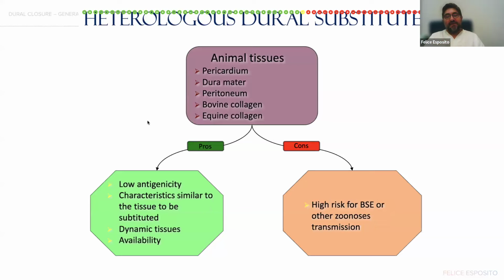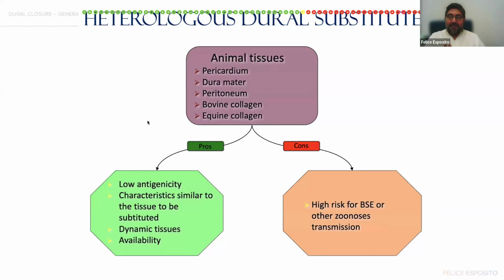We have different possibilities in using heterologous dural substitutes from animals: pericardium, the bovine pericardium, the bovine collagen-derived grafts, or equine collagen-derived grafts, and they have a low antigenicity.